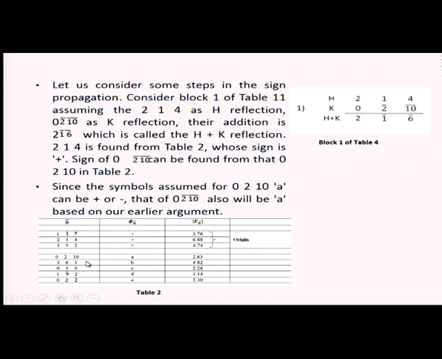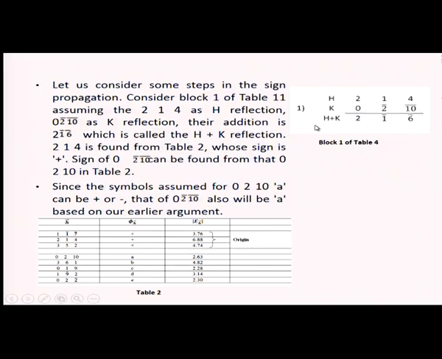If it is minus A, it becomes minus 0, same as 0, minus pi, same as pi. Therefore, there will not be any change. So, now we get an answer: sign of h multiplied by sign of k should be equal to sign of h plus k. Your aim must be to find sign of h plus k. How to find h plus k? You just added, fine. Now, the only unknown is sign of h plus k, which is nothing but sign of h multiplied by sign of k as per Sayre's equation. So, sign of h is plus, sign of k is nothing but A.